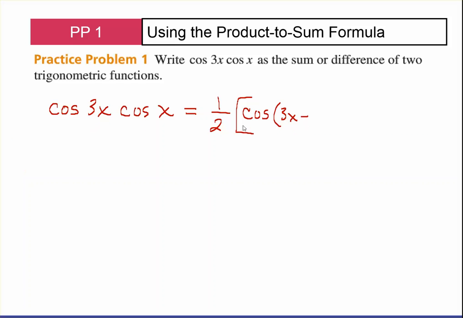Subtract the second angle, which is x here. Close off that parenthesis, and again, all I'm doing is just following the formula from the previous slide. Plus sign, cosine of, now we're going to add the two together. So 3x plus x, and then close it off with a bracket.